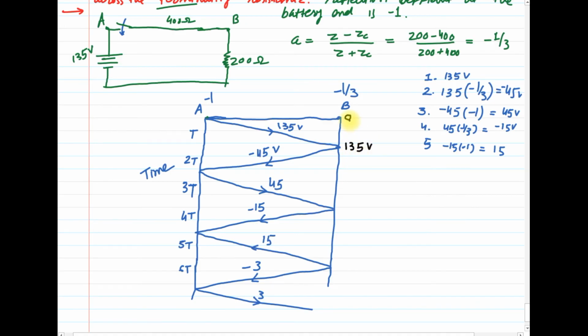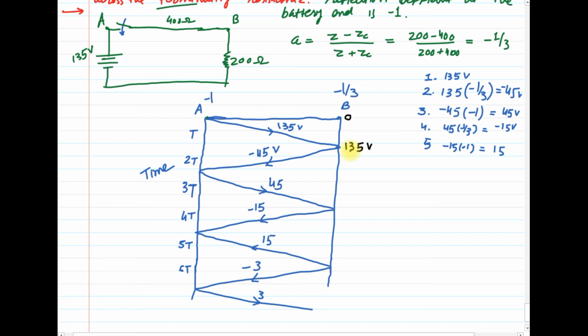Clear? Next, after the wave reaches point B, it gets reflected back to the battery end with minus 45 volts.